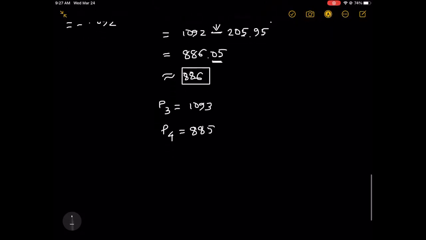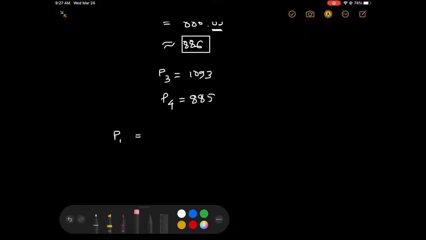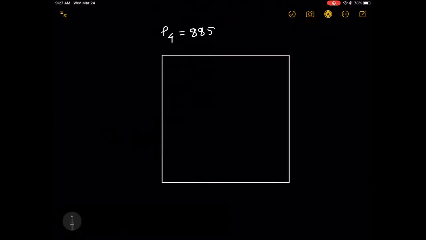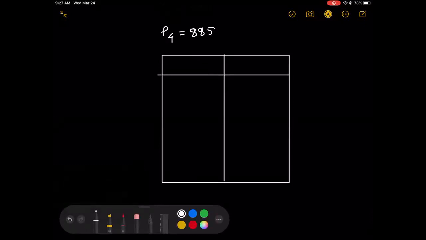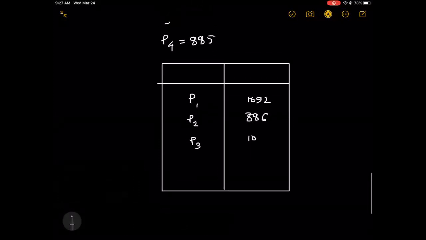So now if I have the values, let me show it this way. For P1, we have 1092. For P2, we have 886. For P3, we have 1093.